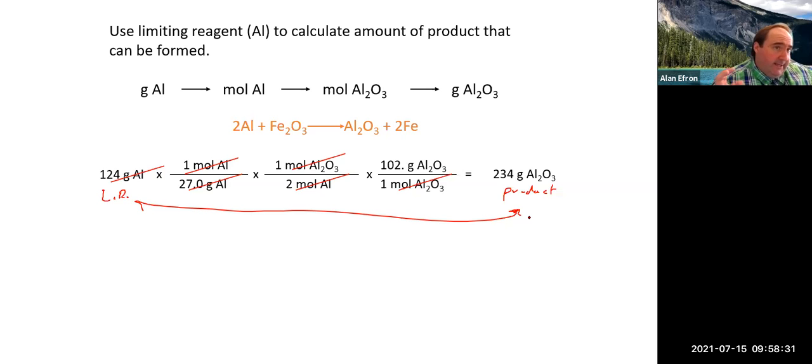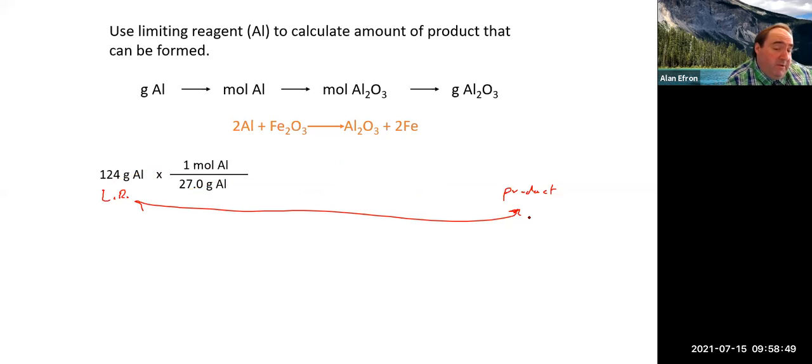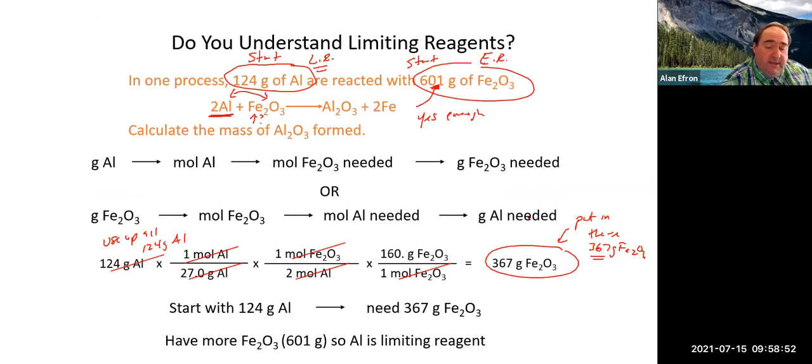A slight downside to this is that if you wanted to know how much iron, like we did before, you would have to go back to the 124 grams of aluminum and do a separate calculation. If you wanted to know how much of your excess reagent would be left over, you would be okay in this particular case because of the one you chose. You know that you started with 601 grams and need 367 grams, so you could just subtract these two.